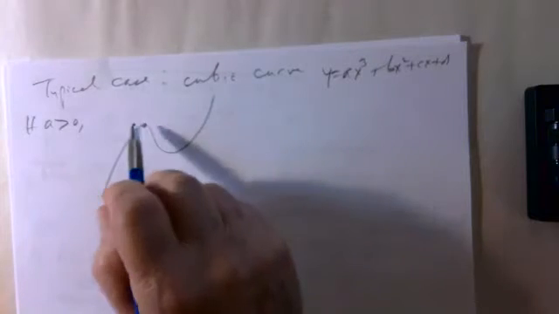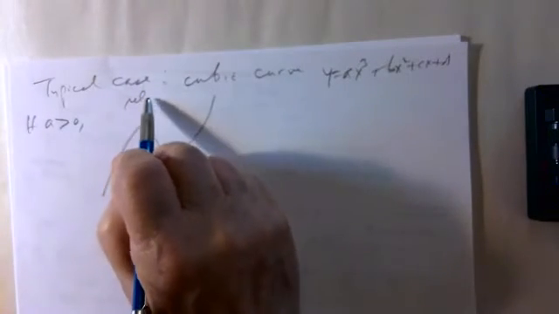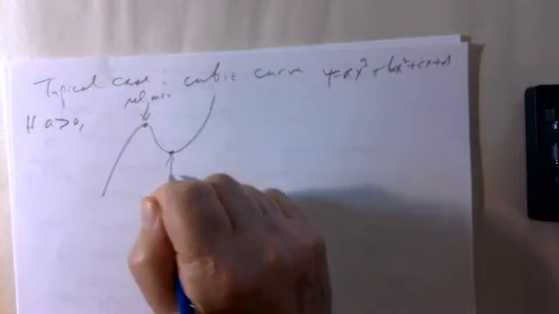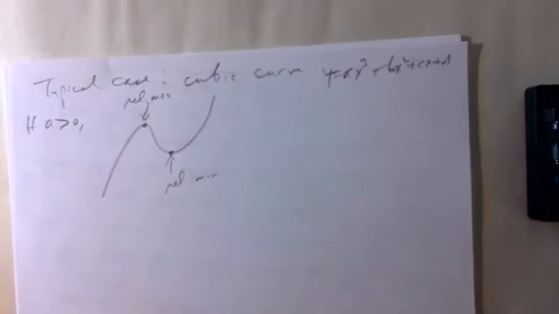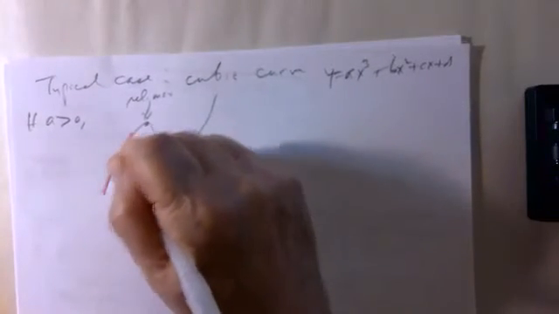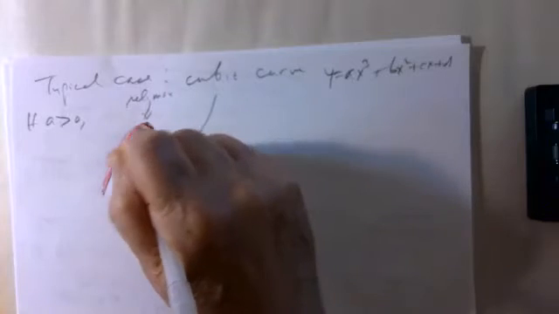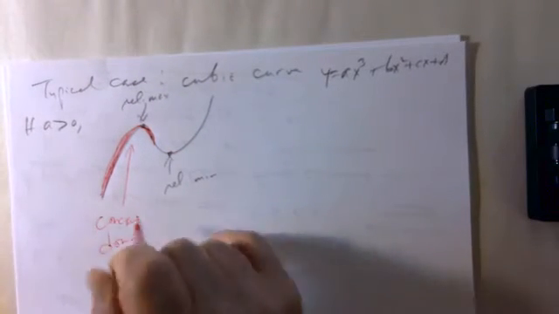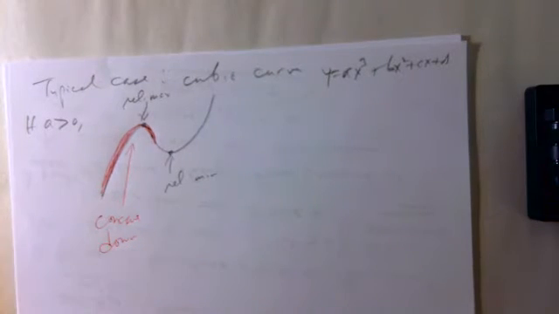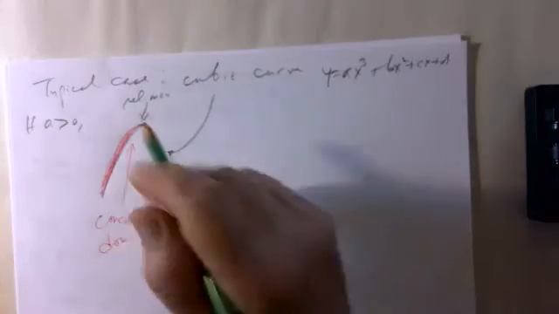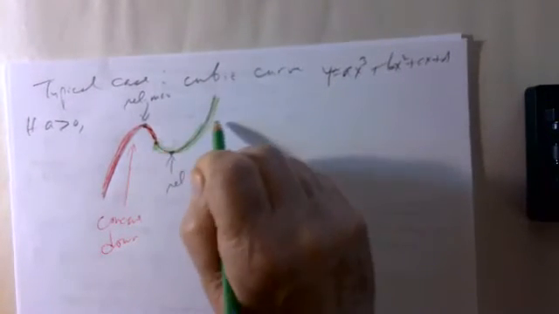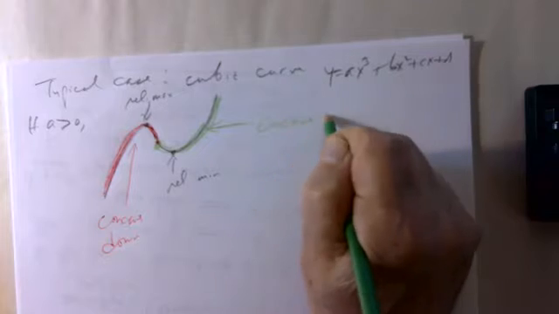And there's always going to be a point with a relative max, and a point where there's a relative min. The curve is going to be concave down from minus infinity up to a certain point, and then the concavity changes and it becomes concave up.